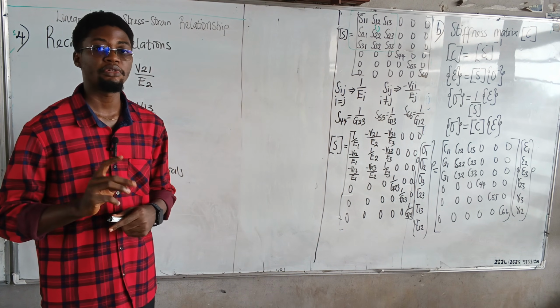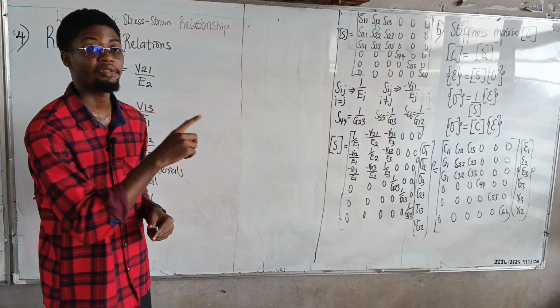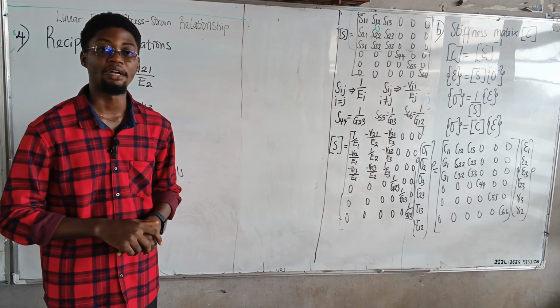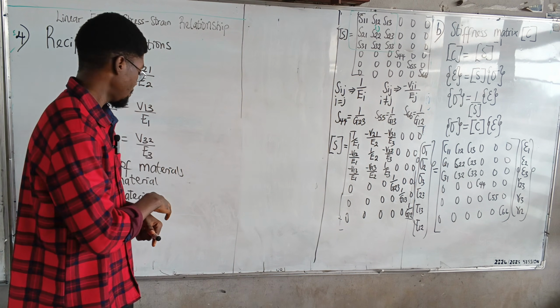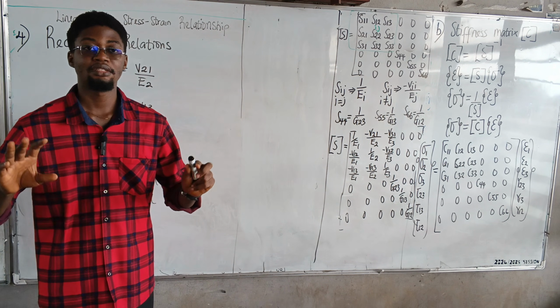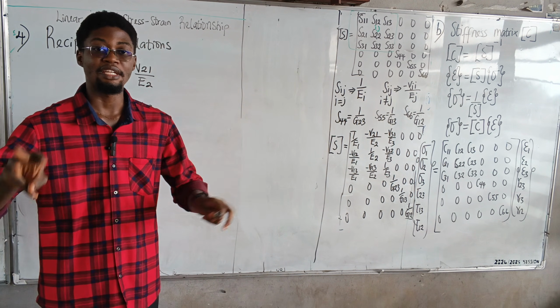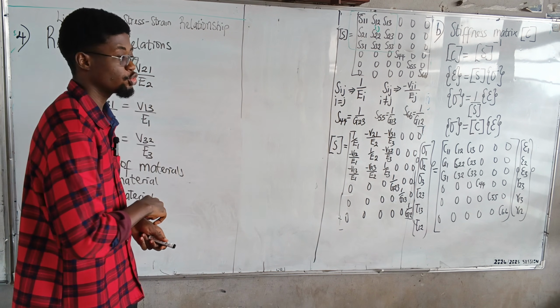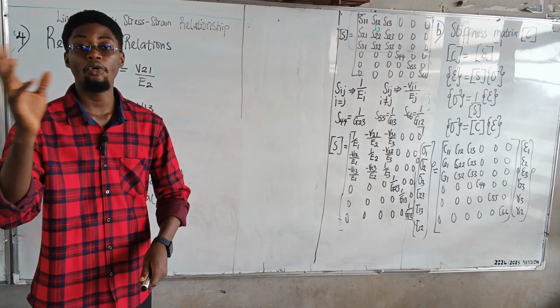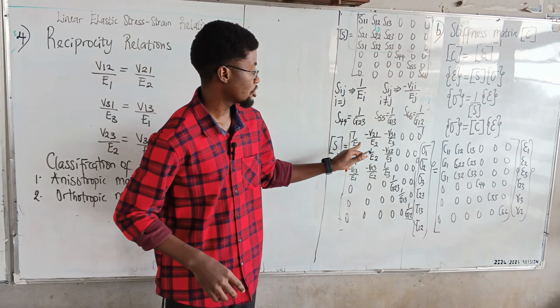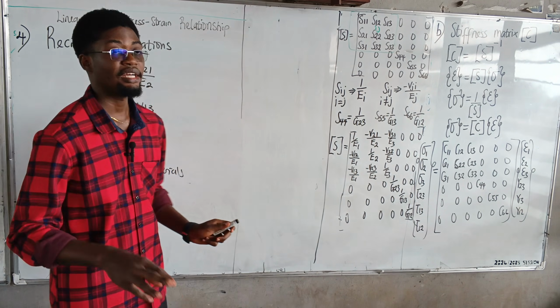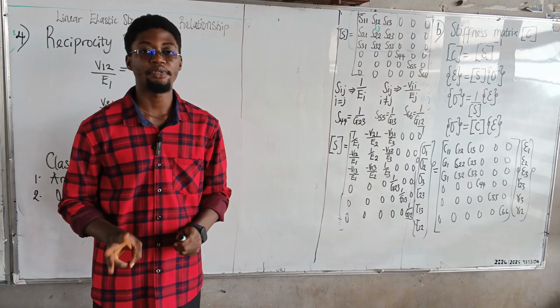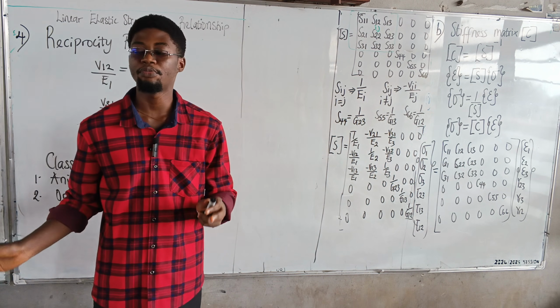The three mutually perpendicular directions are those 1, 2, 3 coordinate axes that we mentioned earlier. For orthotropic material, the properties are different in only those three mutually perpendicular directions, but for anisotropic, they are different in all directions. So that's the basic difference between both of them.